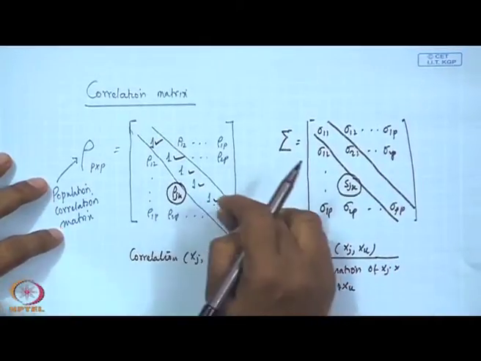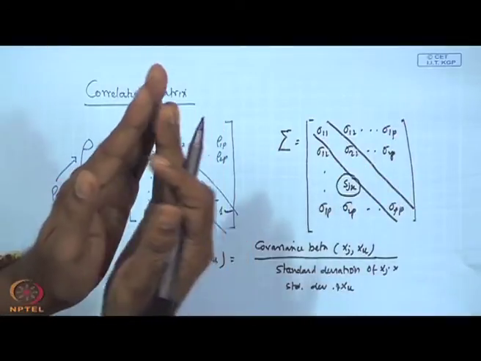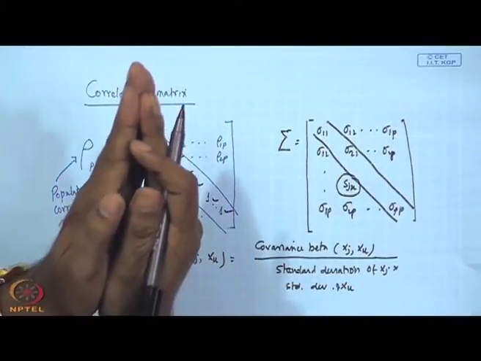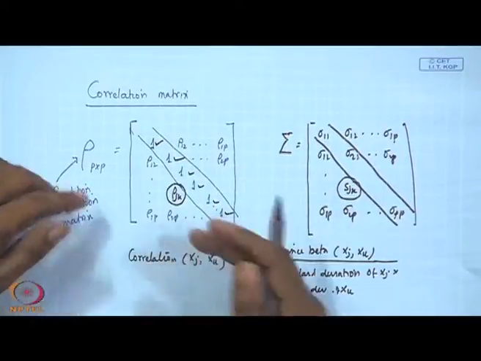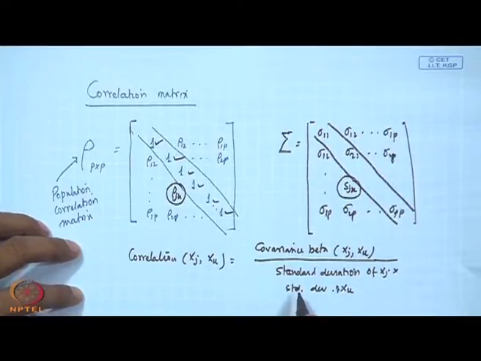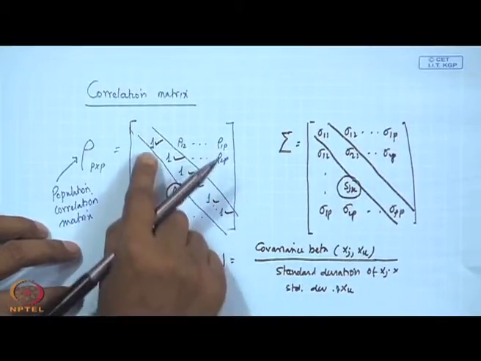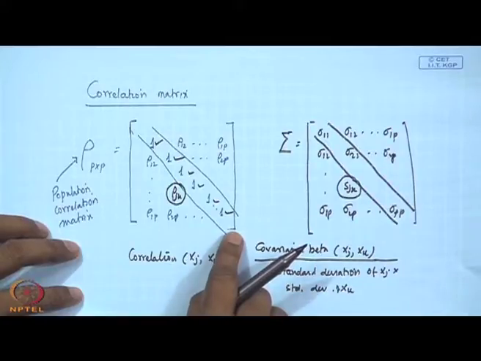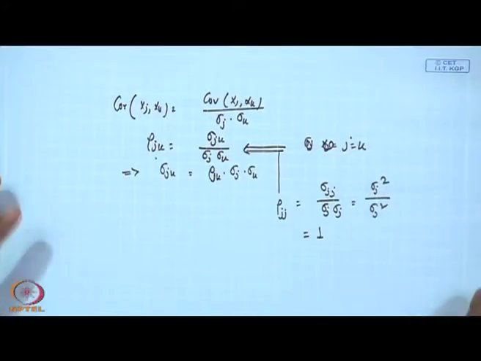Okay. So, conceptually, when you find the covariance between the same variable, it gives you the variance, and here you are standardizing it by dividing the covariance component by the standard deviations. As a result, the standardization effect brings all the diagonal elements to 1.